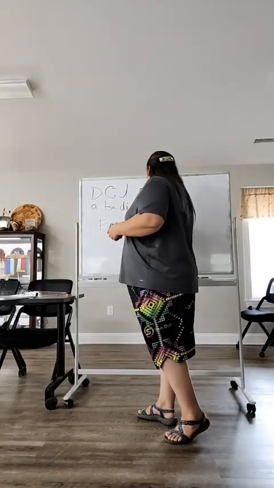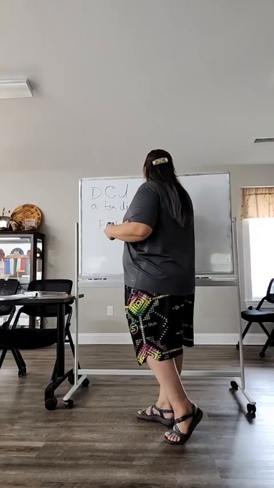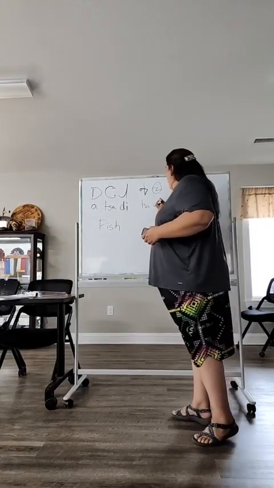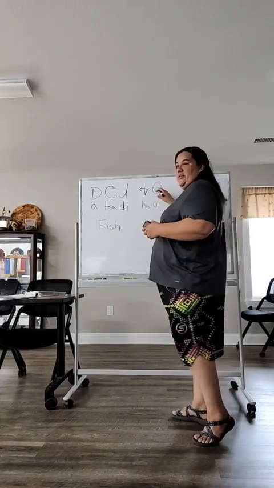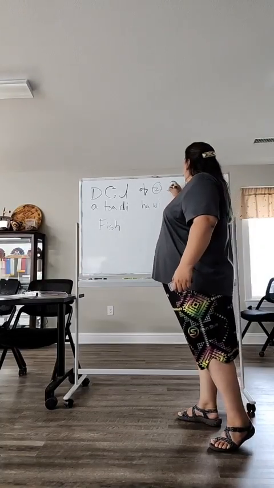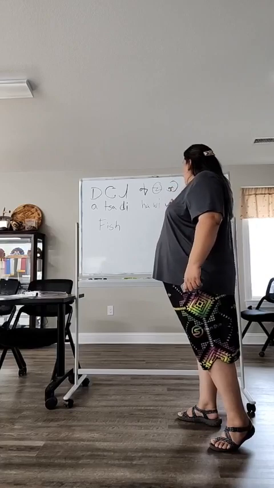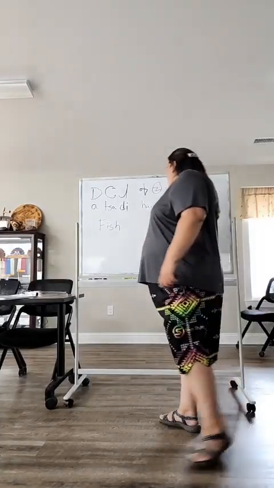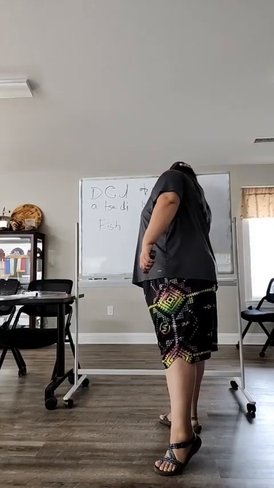This is a we. You see how it looks really similar to the na, but it has that broken line in the middle. And then a ya. Now this is our word for meat.